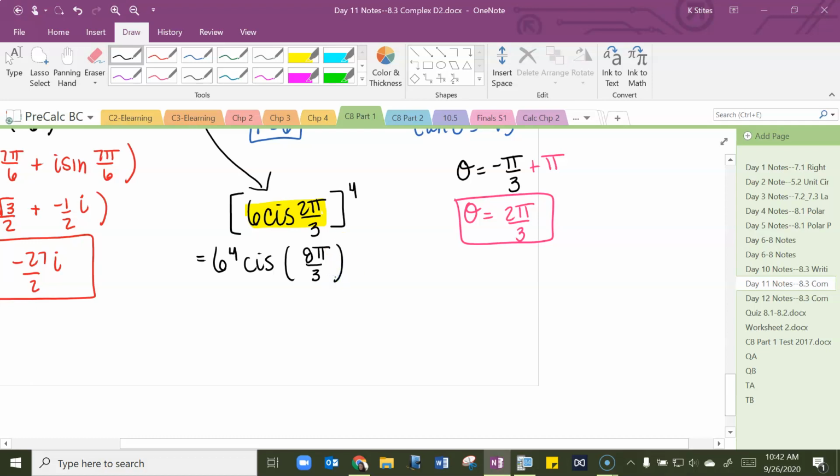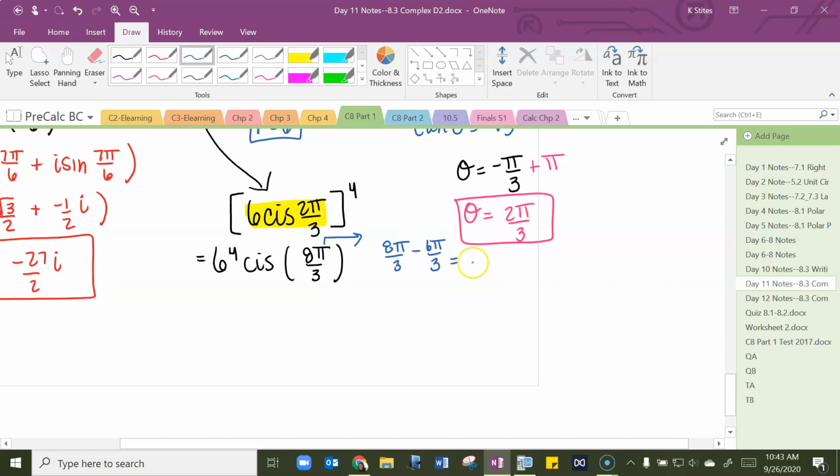Okay, but again, we have another problem. 8 pi over 3 is more than 2 pi. So we do need to go ahead and convert this. Okay, think about what 2 pi would be. 2 pi would be 6 pi over 3. So I'm just going to subtract that off.